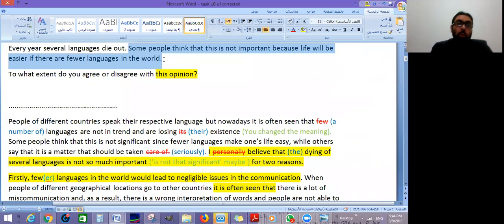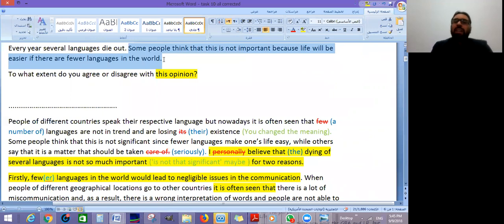Or you could partially agree. So you could say, it's not important, but however, there are a few maybe negatives that will come with this. So you do agree with them that it's not that important, and maybe life will be easier if we didn't have that many languages, but there are some possible negatives.